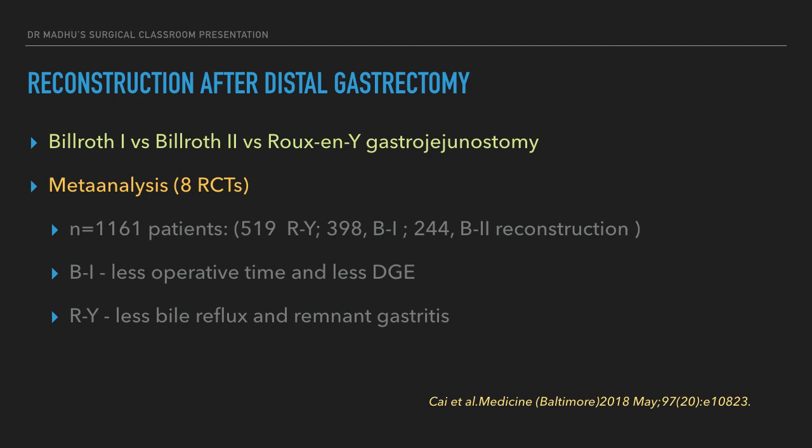In this particular meta-analysis, around 1100 patients were studied, and they found that with Billroth 1 there is less operative time and less delayed gastric emptying, which is understandable because there is a single anastomosis that happens between the stomach and the duodenum, and there is no impairment of myoelectrical conductivity, so there is less gastric emptying.